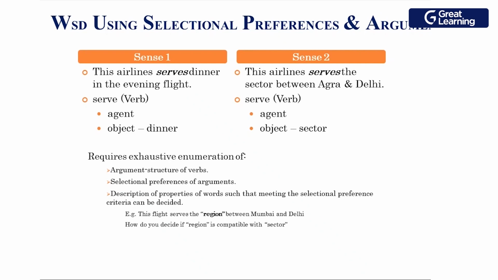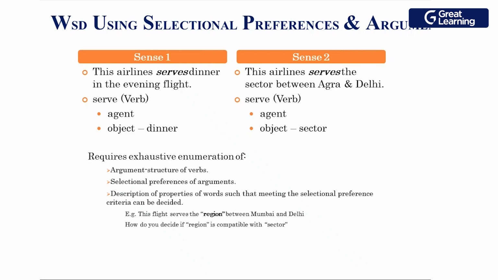So one way of doing this word sense disambiguation is to list down for every verb a set of possible objects for that verb. Say in the dictionary, you also had the set of all possible objects with which this verb goes. For example, this sense of serves goes with any kind of food, breakfast, meals, etc. And this other sense of serves goes with a sector or region and a few other objects. So if you can exhaustively enumerate the argument structure of the verb, in a sense, all the objects that it goes with, then you can use that to do disambiguation easily.